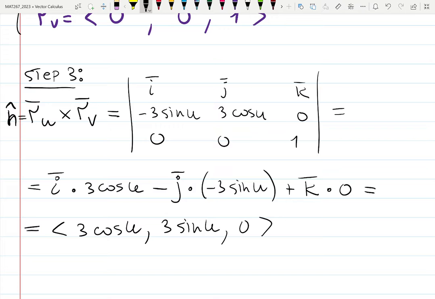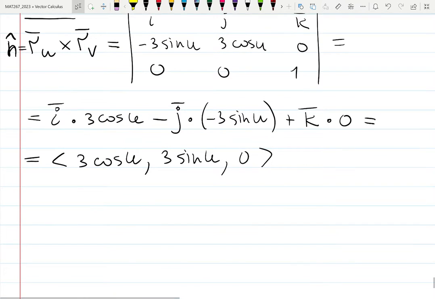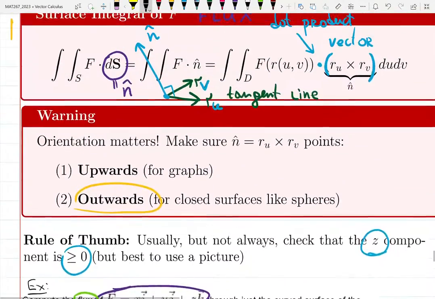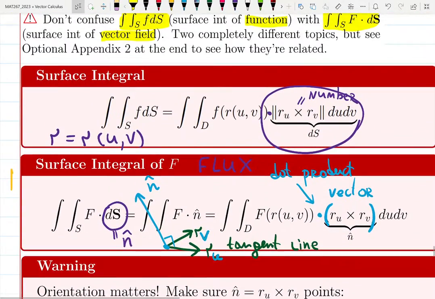And this is the big difference with the next step. If this is a surface integral with small f, a function, then we find the size, the magnitude of this vector. But if it's capital F, which is a vector field, flux, then we don't. We keep it as a vector and just multiply it by F. So this is how to remember.